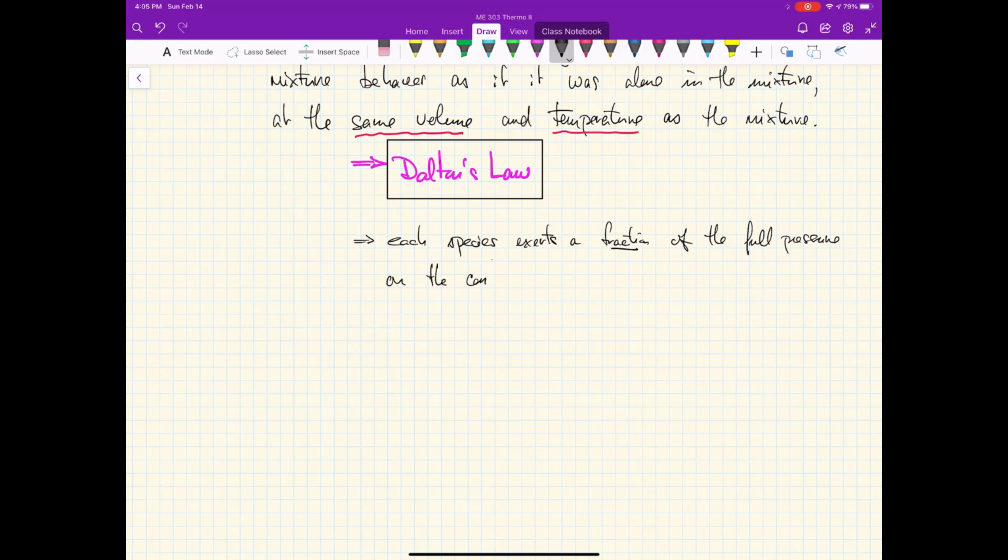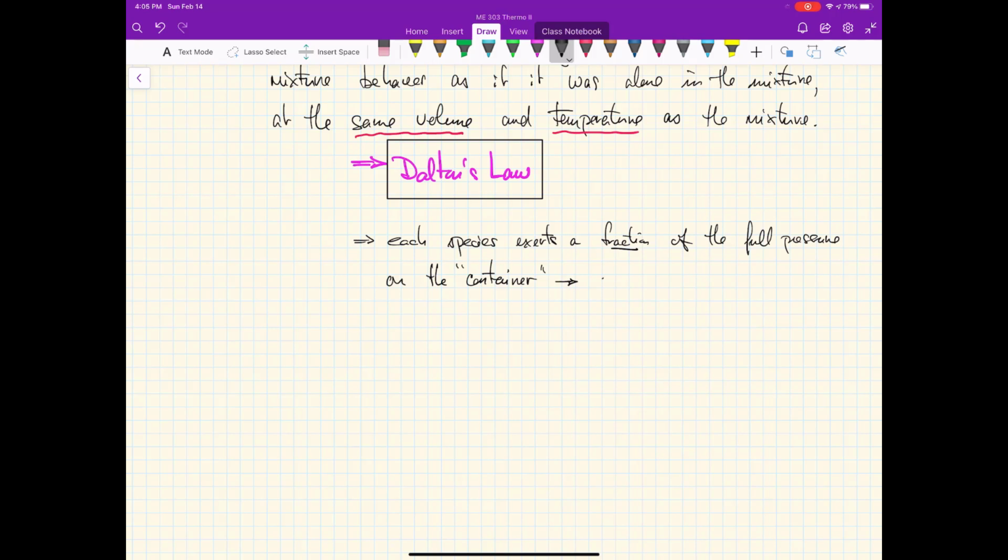So in the case of air, for example, we would be looking at nitrogen, argon, and oxygen separately within the container, and looking at each of these pressures independently.